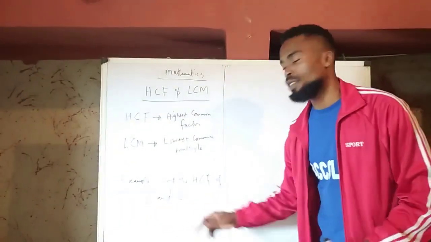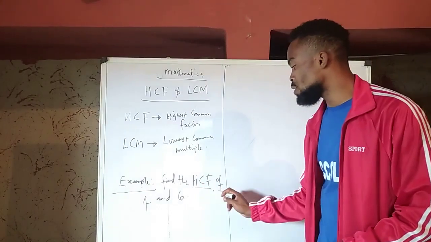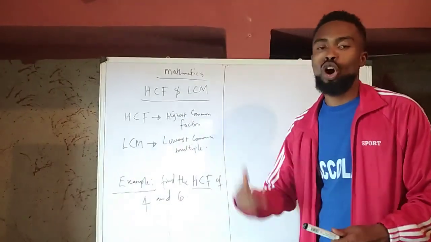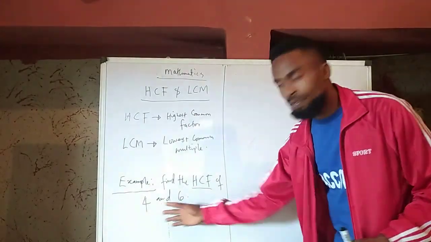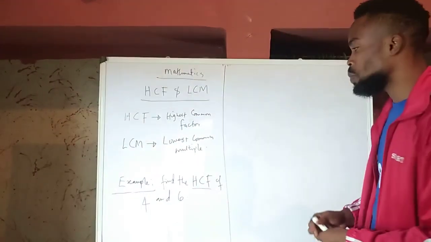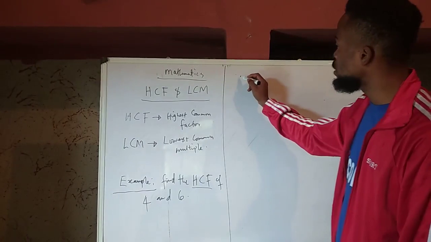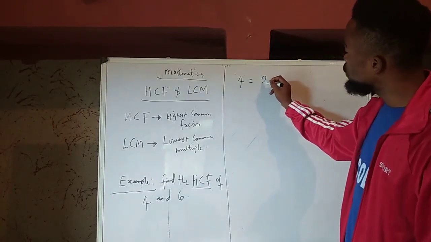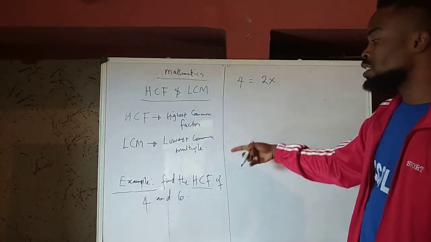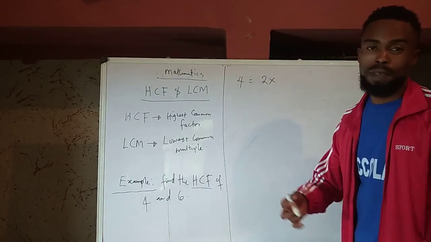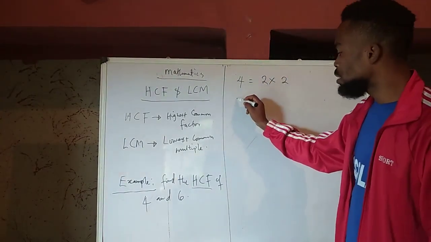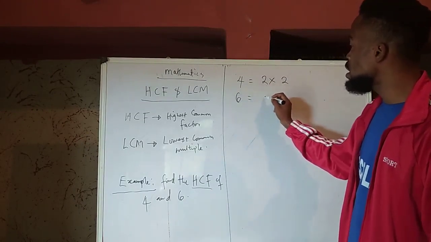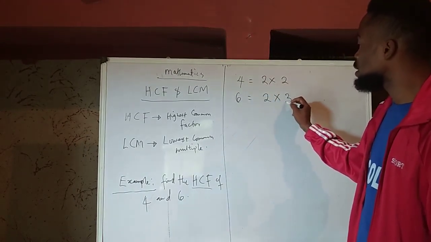These are two numbers. Now, for us to be talking about highest common factor, there has to be 2 or more numbers. So we will now look at the factors of each of them and look at what is common. Let's look at the factors of 4 first of all. We always write this in terms of the prime. It's 2 times 2. Okay, and the factors of 6 is 2 times 3.